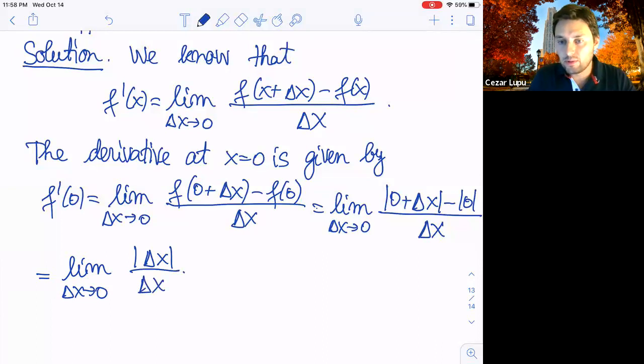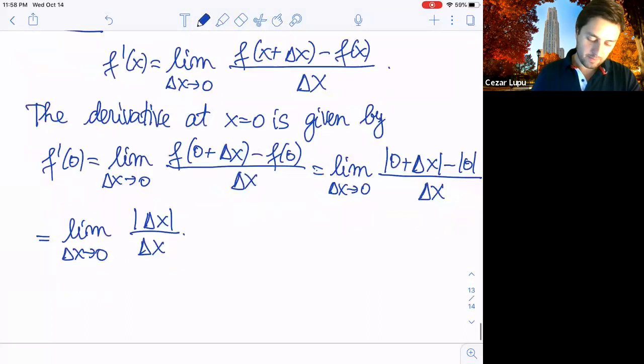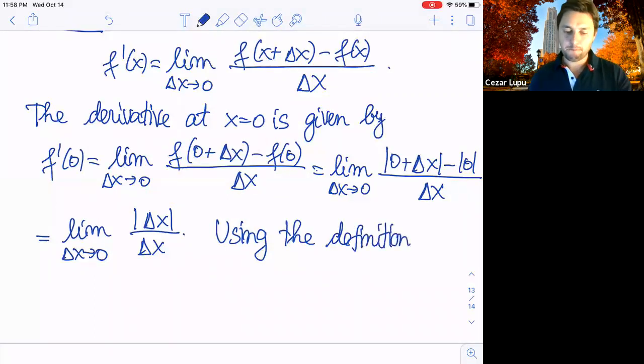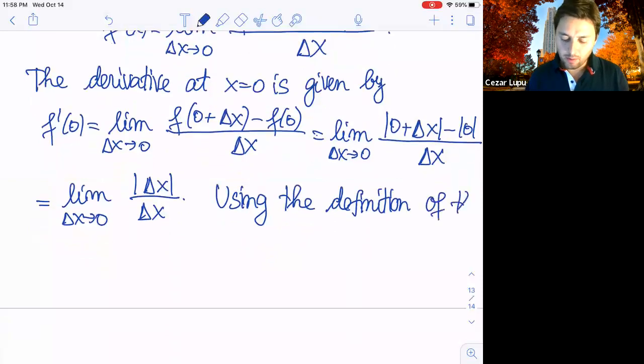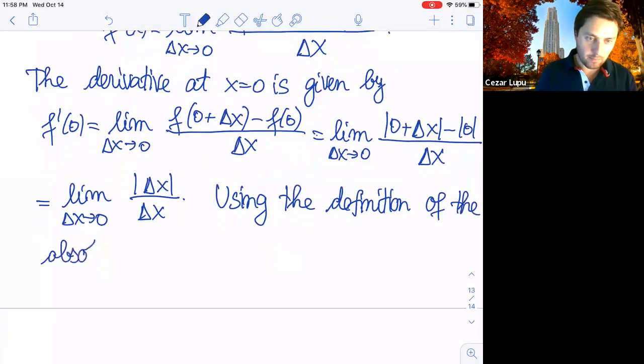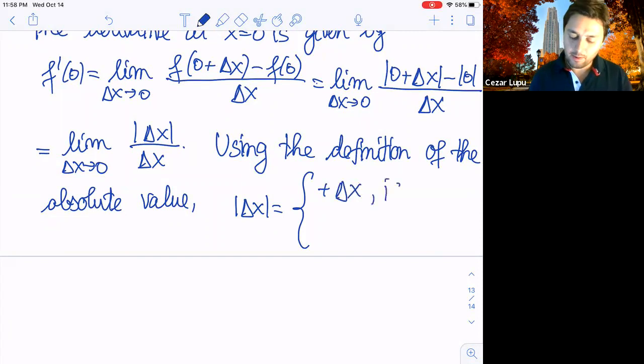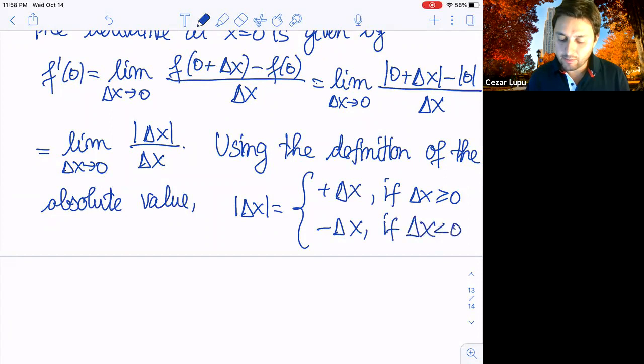And now what we have to do is just to use the definition of the absolute value. Keep in mind that the absolute value of delta x is positive delta x if delta x is positive, and let's include 0 as well, and negative delta x if delta x is negative.